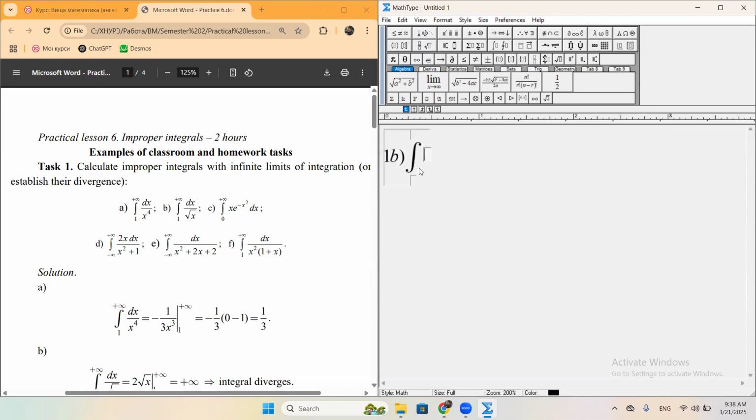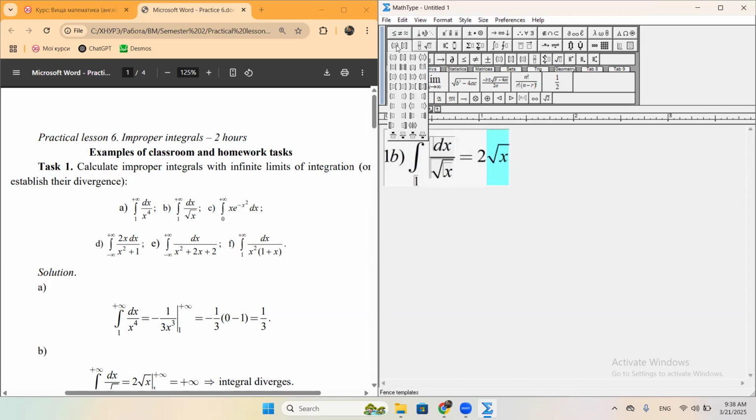1b. Integral from 1 to plus infinity, dx over square root of x. Doing the same, according to the table of integrals, it will be the following antiderivative, from 1 to plus infinity, and it actually will be equal to plus infinity.